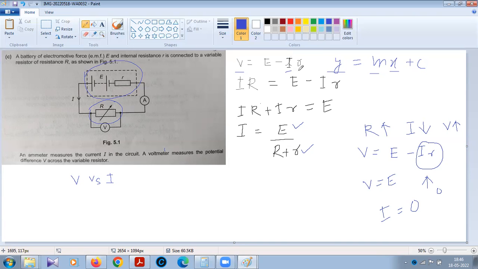That is minus R, the internal resistance. So that's what they're asking, what does the gradient represent? The gradient represents the internal resistance, and the intercept represents the EMF of the battery. So the slope m represents the small r, the internal resistance. So like this you have to solve such questions if they come.